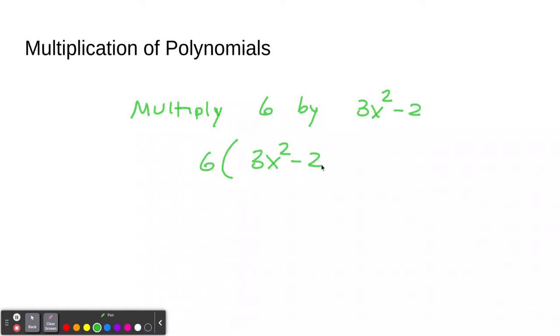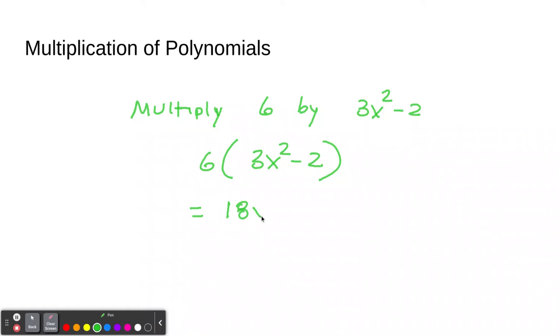Go back if you need to. What if you got a question and it said, multiply 6 by 3x squared minus 2. You're just multiplying, right? And then you distribute. And what would you get? What do you think?